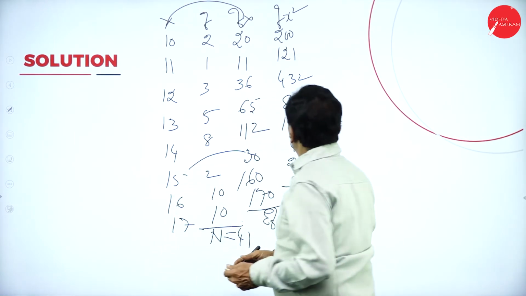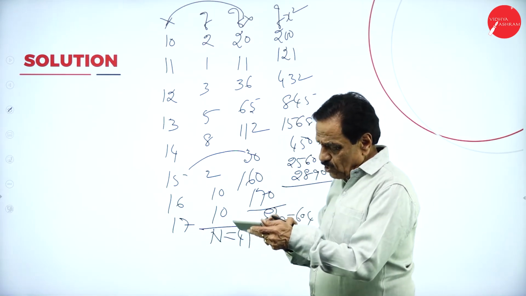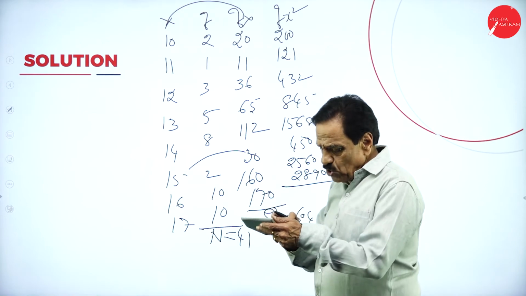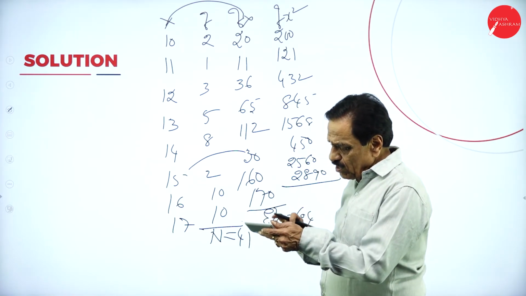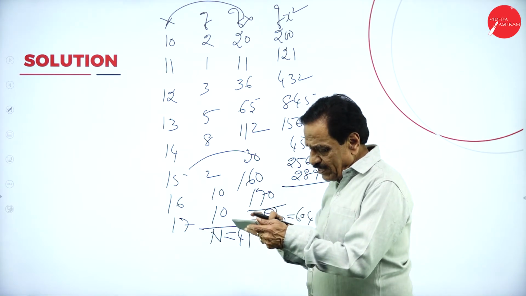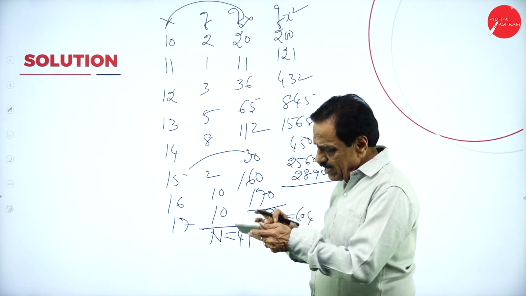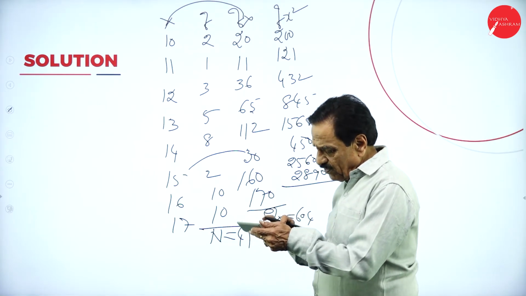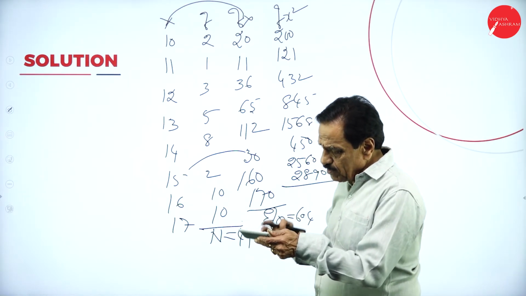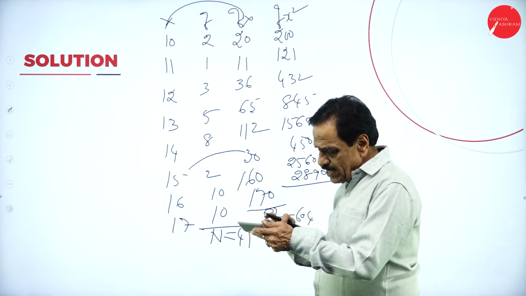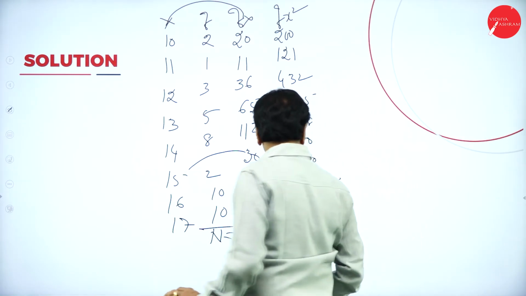We'll add the figures now. What is the first one? 200 plus 121 plus 432 plus 845 plus 1568 plus 450 plus 2560 plus 2890 is 9066.